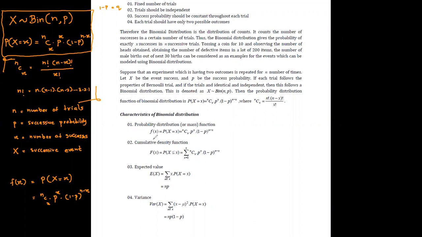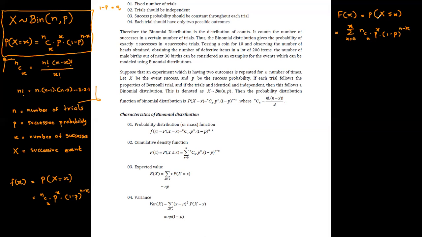The cumulative distribution function can be obtained, since this is a discrete probability distribution, using summation. Here F of x is the probability that uppercase X is less than or equal to a particular value of x, and this can be obtained using the summation from 0 to that particular value of x of nCx times p to the power x times 1 minus p to the power n minus x.